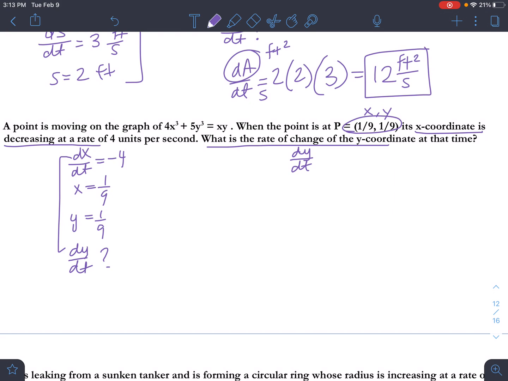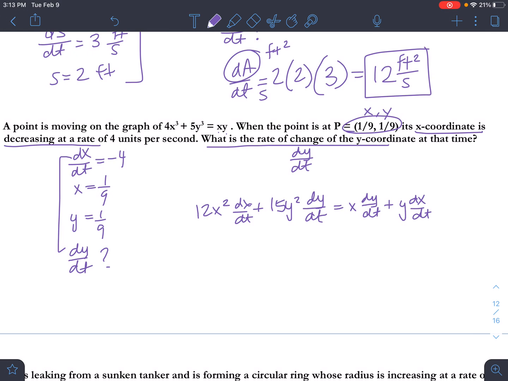So this would bring down the 3, power rule: 12x^2 dx/dt + 15y^2 dy/dt equals, okay, this is x times y. Technically, that would be product rule. So you would have x times the derivative of y plus y times the derivative of x.